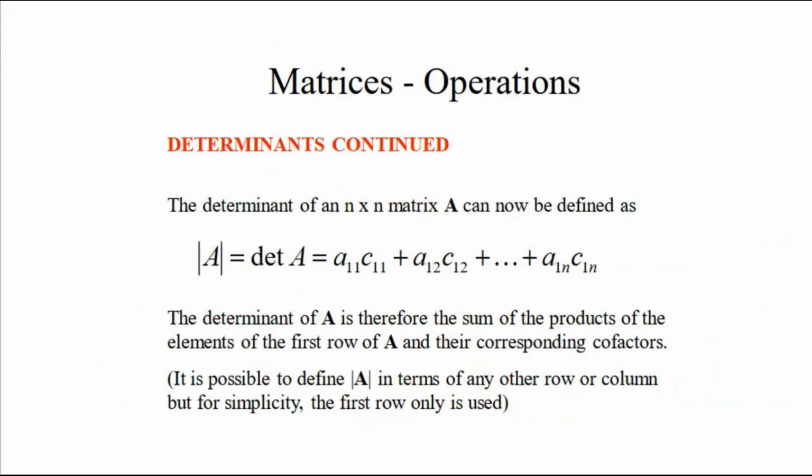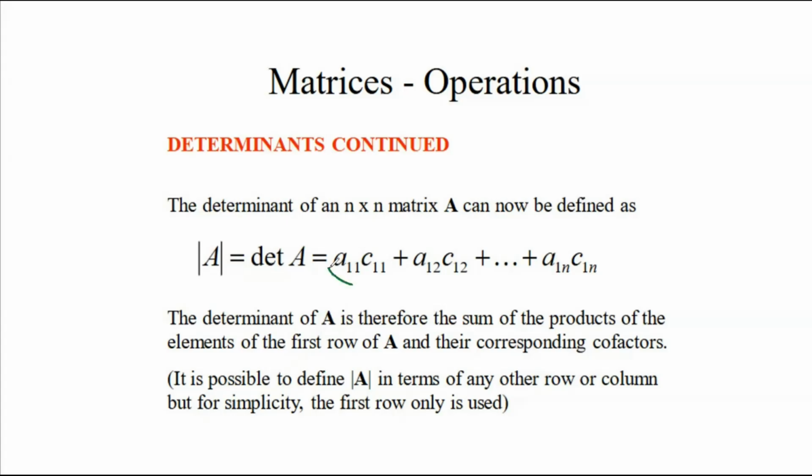Now, how do you find the determinant? Right? How do you find the determinant? So notice what they tell you you're doing here. And again, the mathematical language here is very complicated, right? To find the determinant, you take one row. Just take a row. You take row 1, row 2, row 3, whatever.